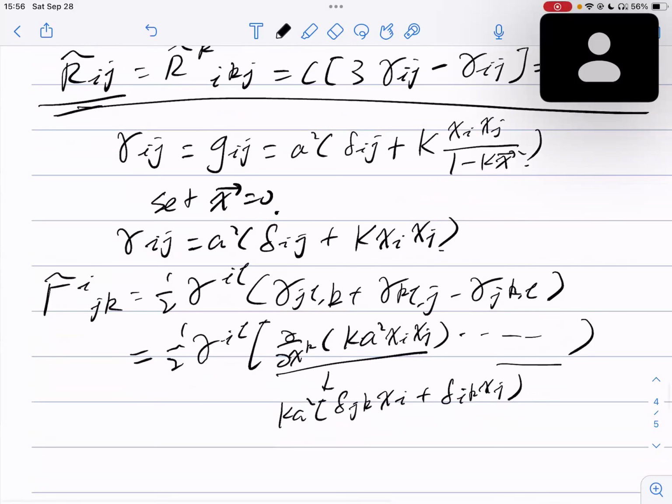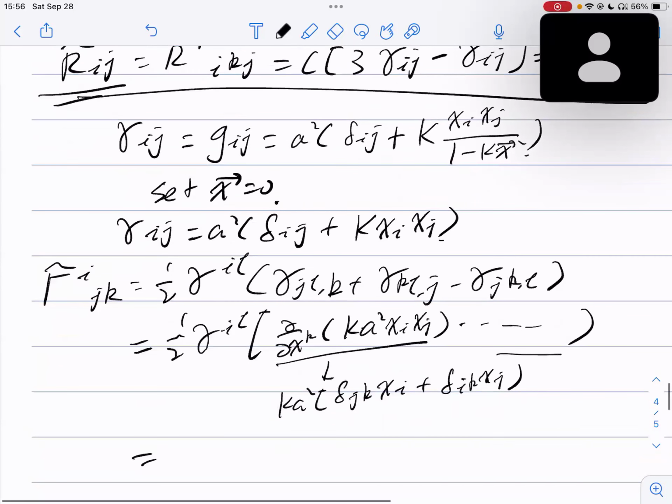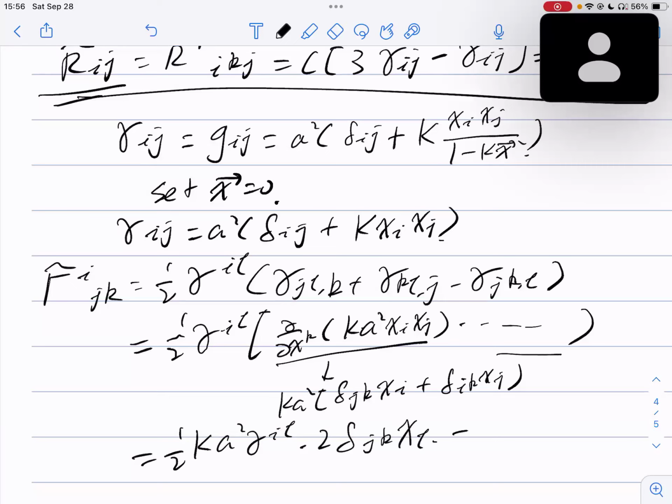Above all, we obtain that it equals 1.5 k a square gamma il times 2 delta jk xl, and it can just be written as a square k delta ik xi.